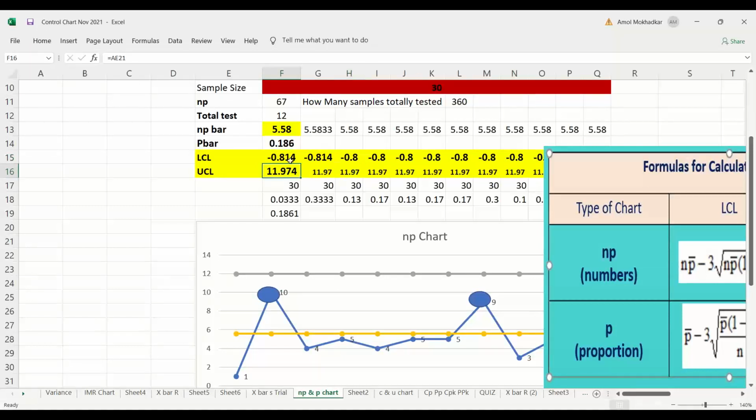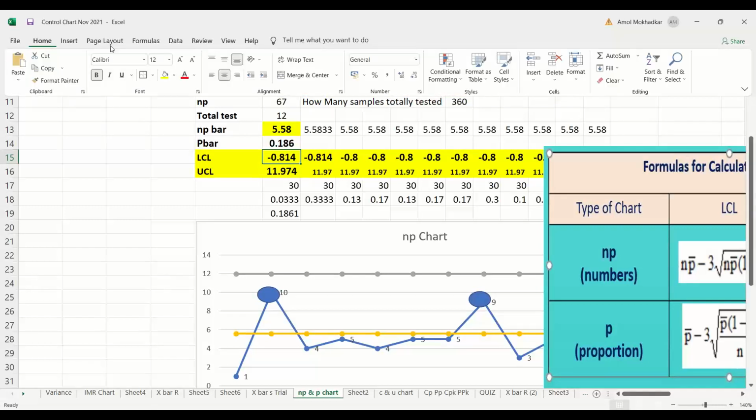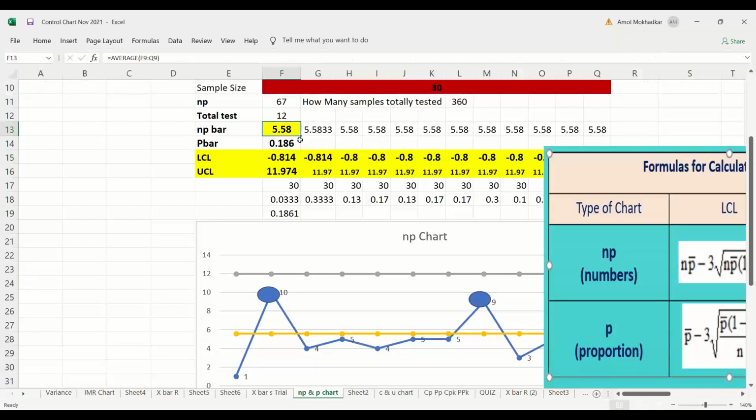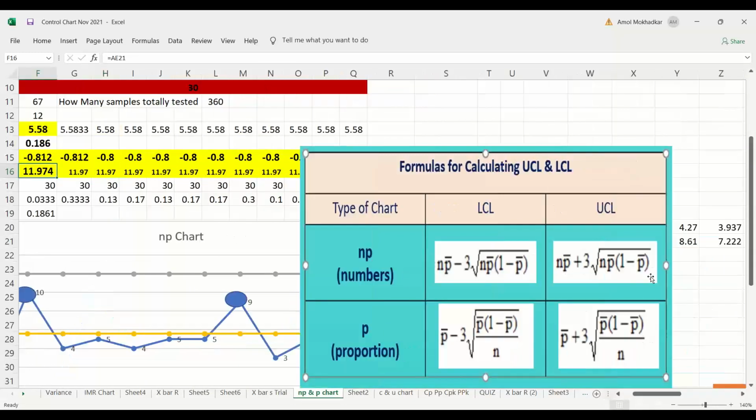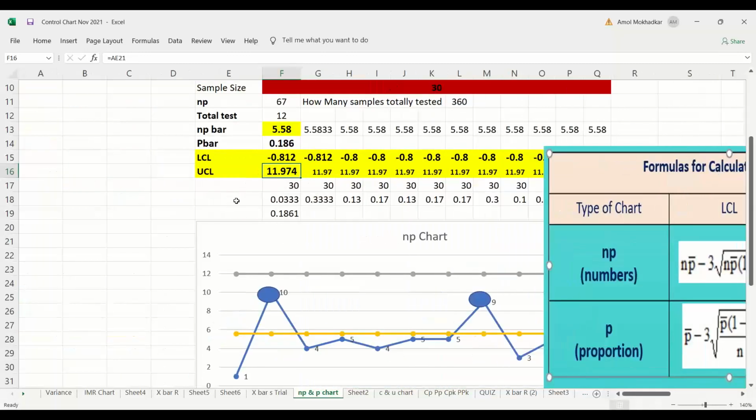Let me check, 0.814, no, 812, right? 0.812 is the LCL, and in a similar way you will calculate the UCL. For UCL you will have NP bar plus 3 into square root of NP bar into 1 minus P bar.